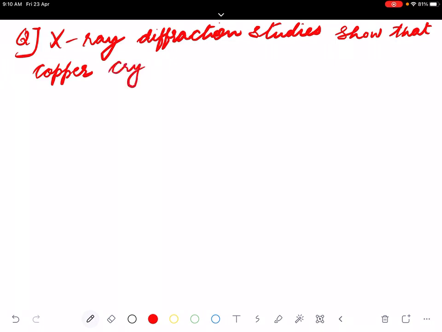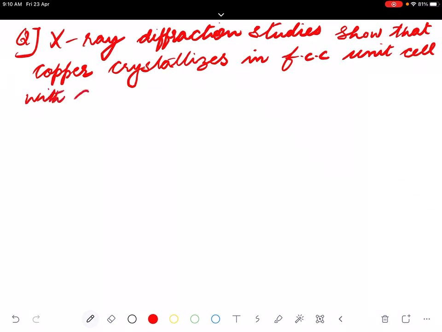Copper crystallizes in an FCC unit cell with cell edge of 3.608 into 10 to the power minus 8 centimeter.